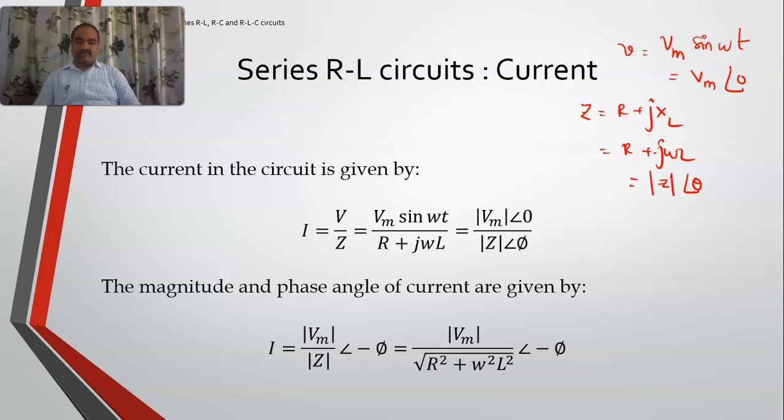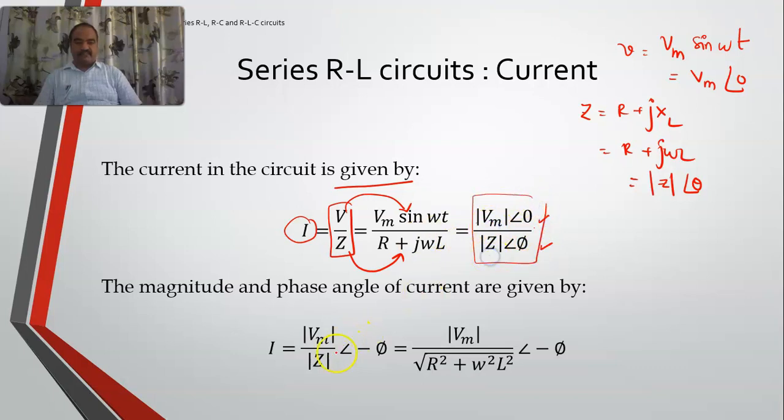So when I want to determine the current in this series RL circuit, I is equal to V by Z, isn't it? Where this is V, this is Z. When I use the polar form representation, what is the actual magnitude now?